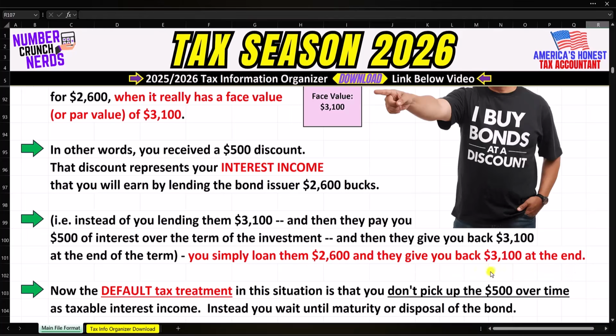Either way, at the end, you're still sitting on $3,100 in your hand, of which $500 was income. The only difference is that you loaned less up front, and therefore your interest income is earned by receiving more at the end, versus this other setup where you loaned more up front, got the same amount back at the end, and your interest income was just paid along the way in cash.